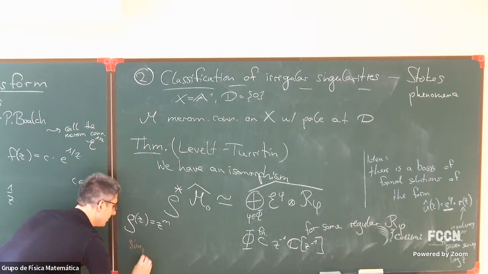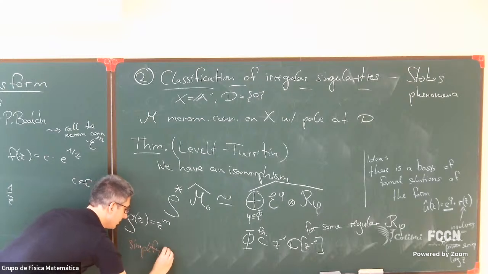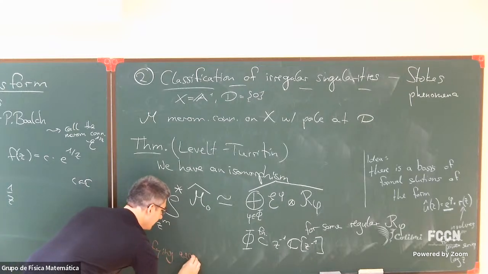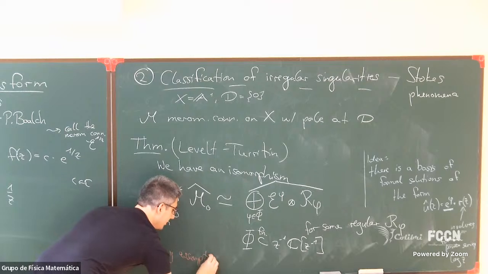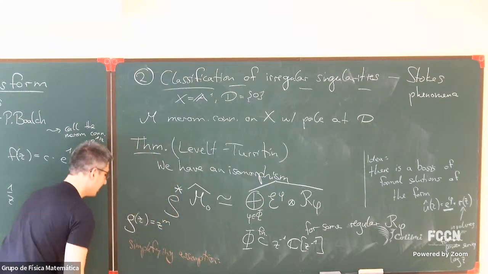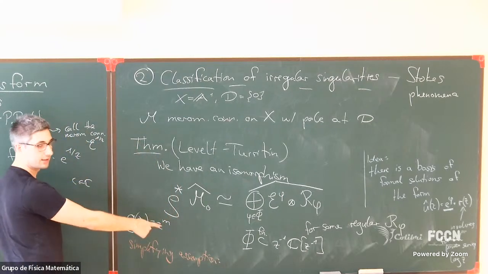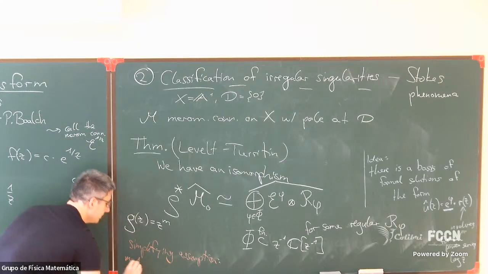I will make some simplifying assumptions here now for the rest of the talk. Namely, I will assume that this ramification is not there, so m is 1.